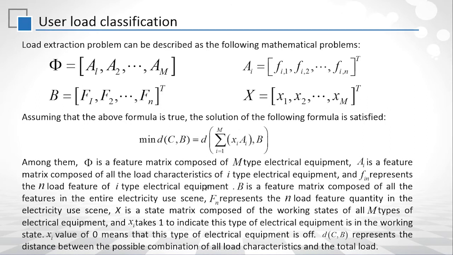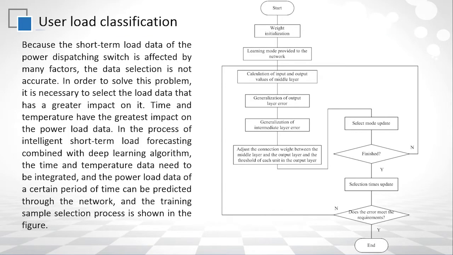Load extraction problem can be described as the following mathematical problem. Assuming that the formula is true, the solution of the following formula is satisfied. Time and temperature have the greatest impact on the power load data.